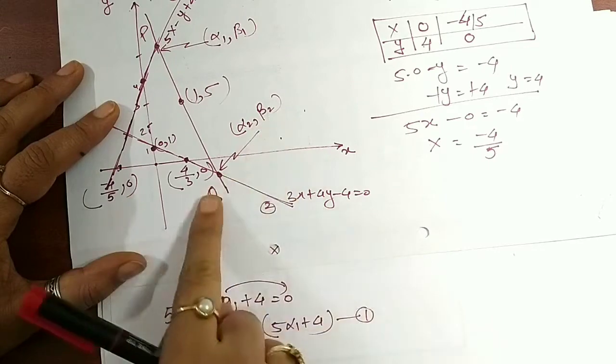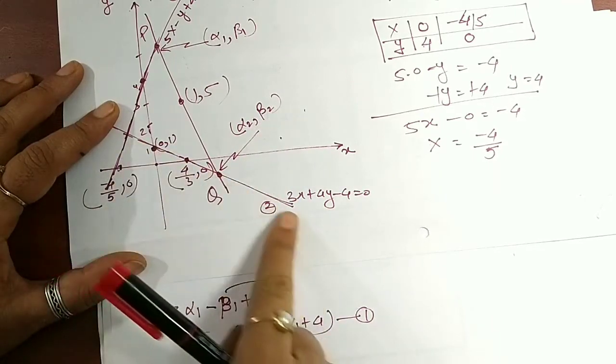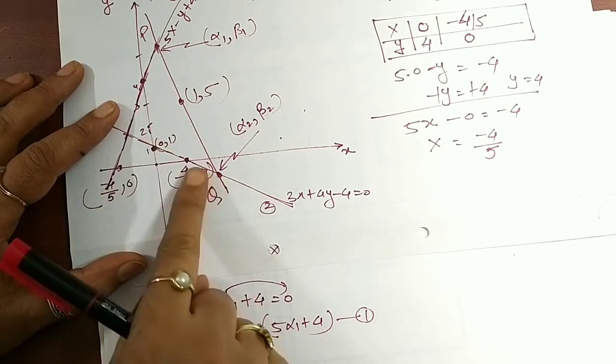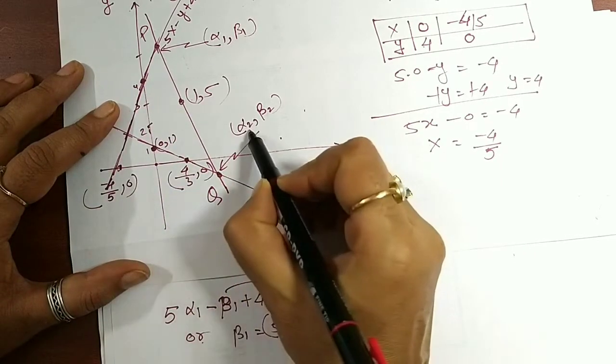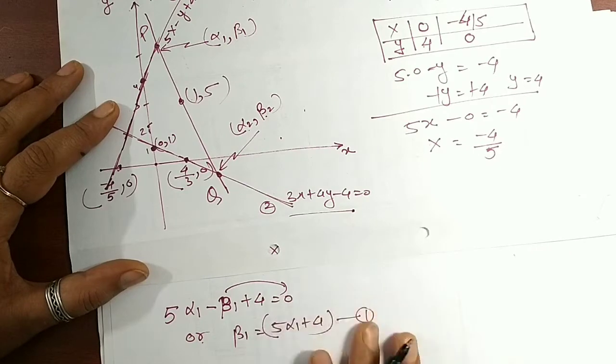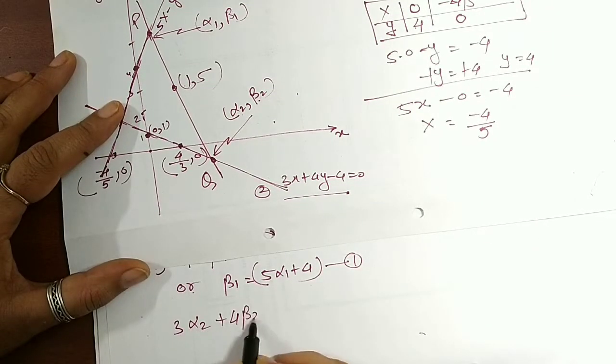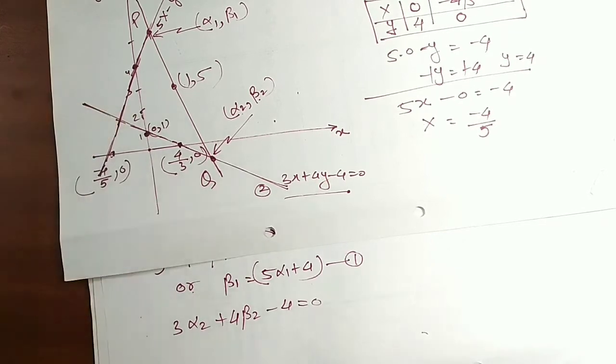Now alpha 2 beta 2 is on this line, correct? It is present on this line also, but I don't know the equation. This I know. So alpha 2 beta 2 will satisfy this equation. So let me put it there: 3 alpha 2 plus 4 beta 2 minus 4 is 0.